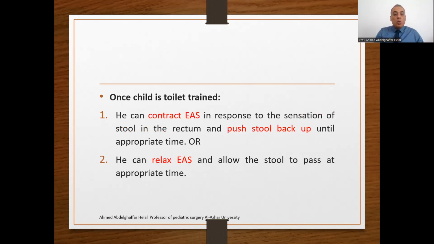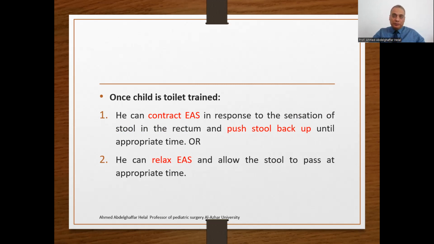However, once the child is toilet trained, he can contract the external anal sphincter in response to the sensation of the stool in the rectum and push the stool back up until an appropriate time. Or on the other hand, he can relax the external anal sphincter and allow the stool to pass.